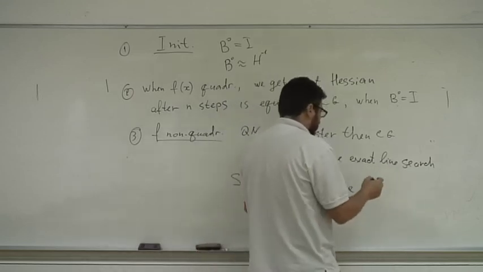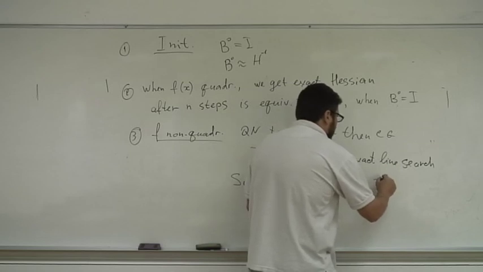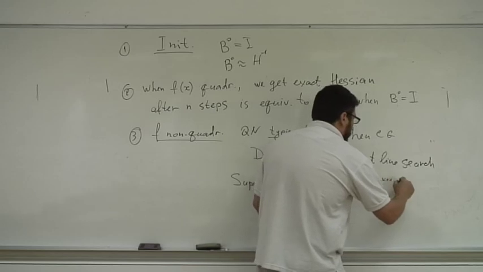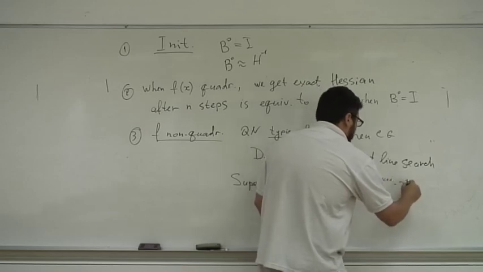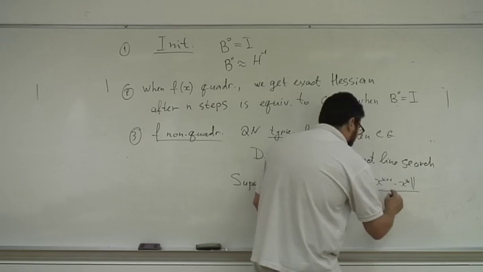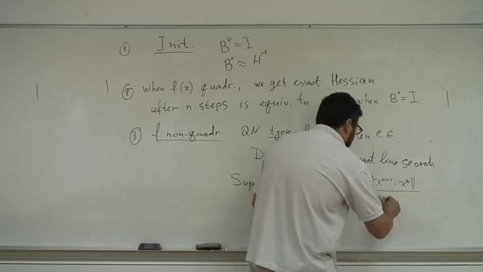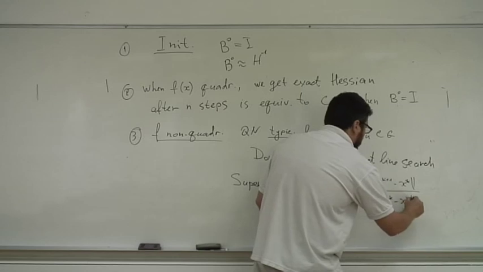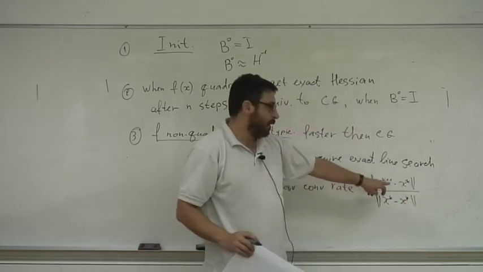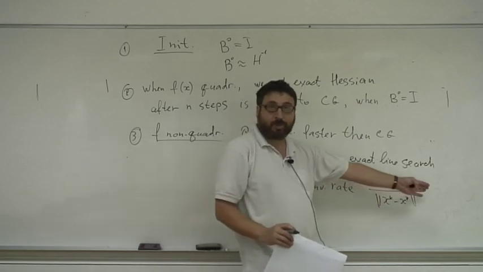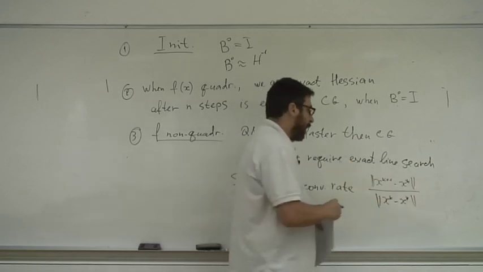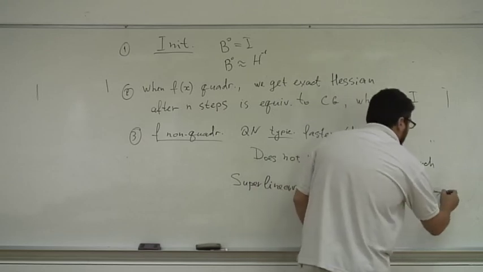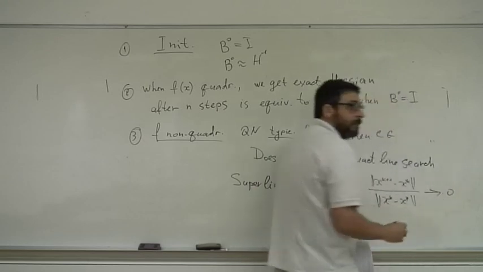How can one express it? For example, norm of x_{k+1} minus x star divided by norm of x_k minus x star, again in some norm. So if we had linear convergence, we would have some constant in the limit. And superlinear means this in the limit goes to 0.